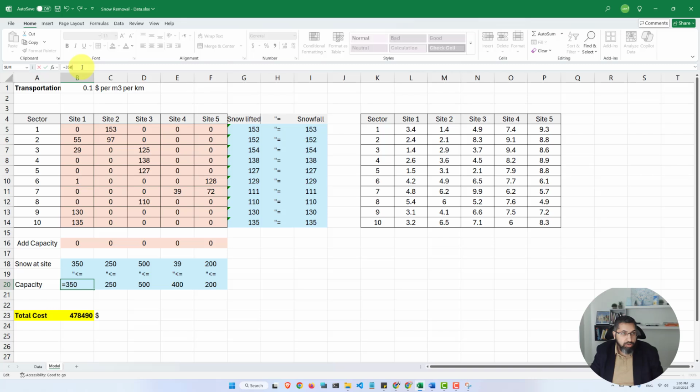So we'll do 350 plus this variable times 100 will be my new capacity. So if this becomes 1, my capacity goes up to 450. If this is 0, I don't do expansion, it stays 350. So I have to do this to all of them. Instead of doing it here, let me put it back to 350. I'm going to do it here.